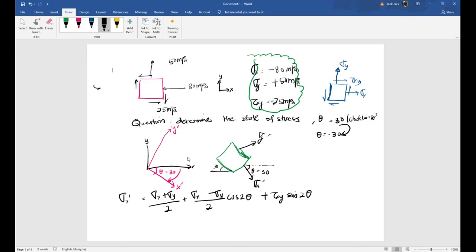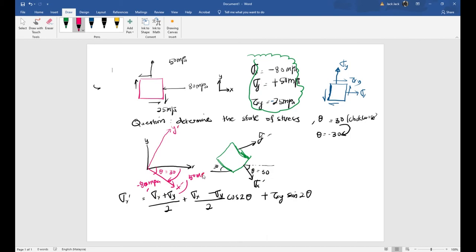Since we have all the parameters, we know the value for sigma x. So sigma x is equal to minus 80 megapascal, so we just simply substitute the parameter. Be careful, your sigma x is equal to minus 80 megapascal, and then your sigma y is equal to 50 megapascal.